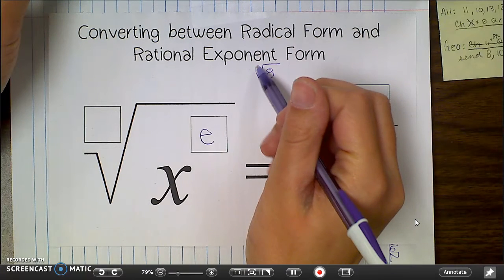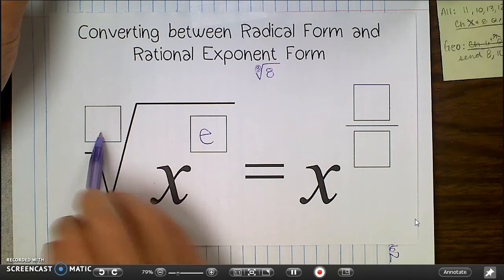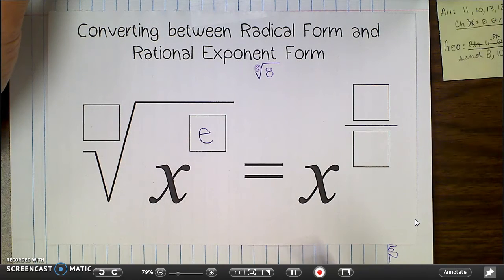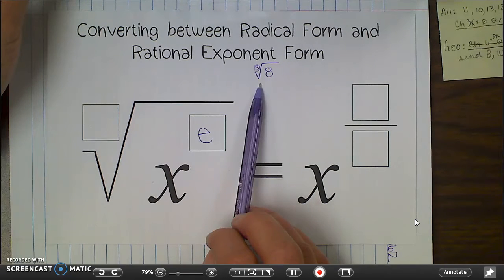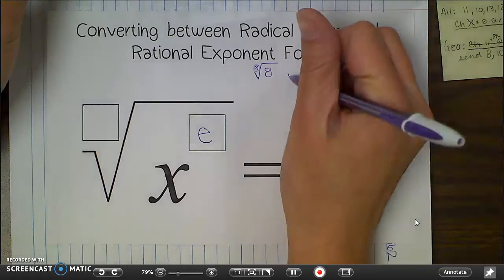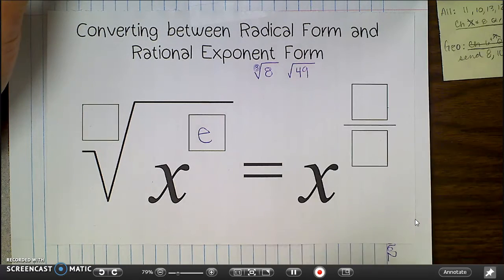So this little number right here is talking about this number on the outside. That number tells me how many times I need to figure this number out. Like this tells me I need 3 of some number. When it's square root, so there's nothing there, it tells me I need 2 of those numbers.